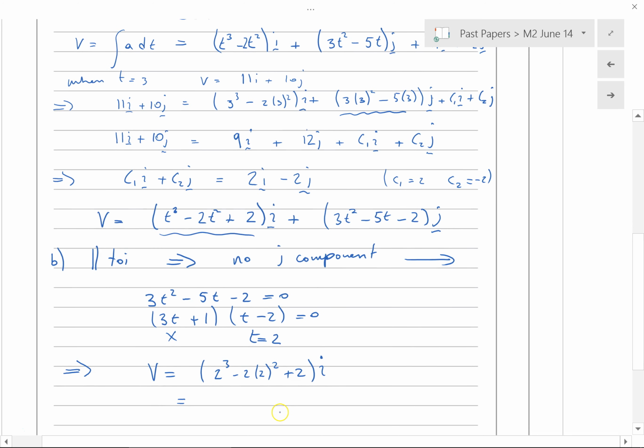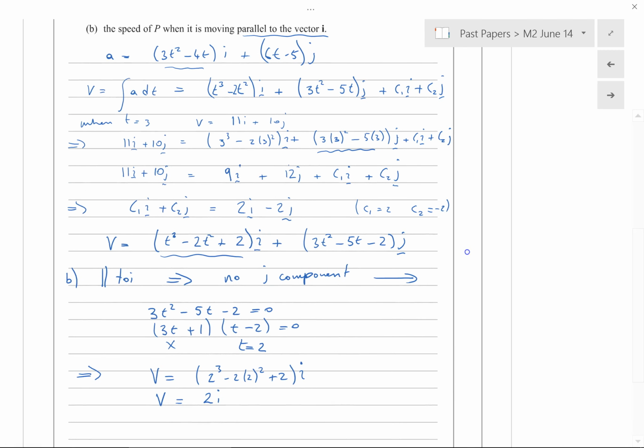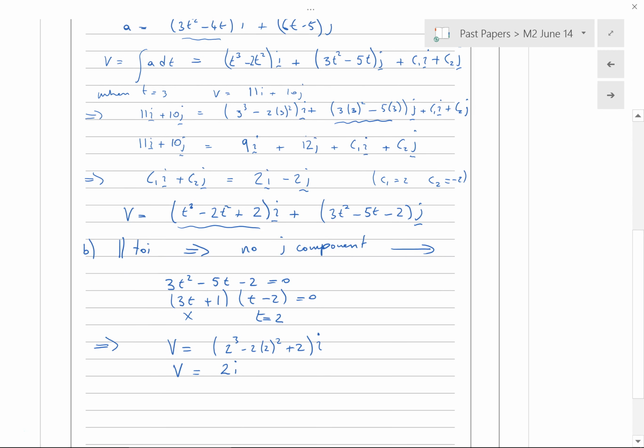And that's 8 minus 8 plus 2, so that's 2i. Now I'm going to look at whether they asked for a speed. And it's asked for a speed, so the speed is the magnitude of velocity, which in this case is 2. Don't need to use Pythagoras because it's just 2 with no j component at all. Okay. Not too bad either.